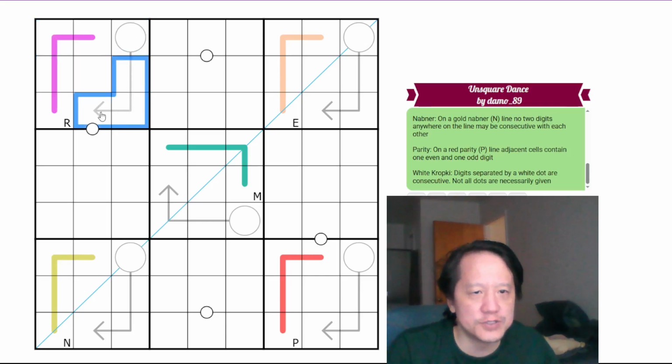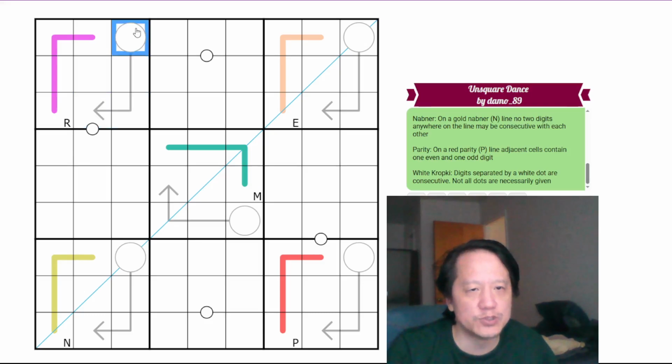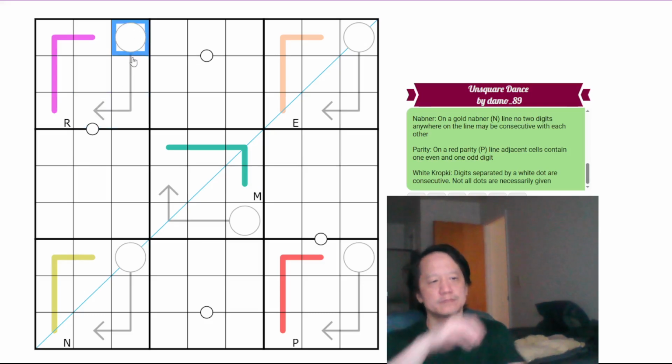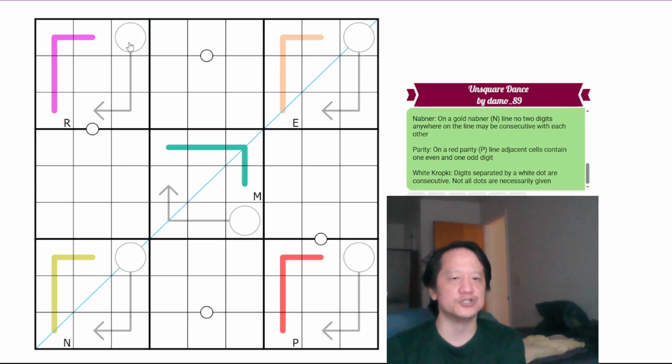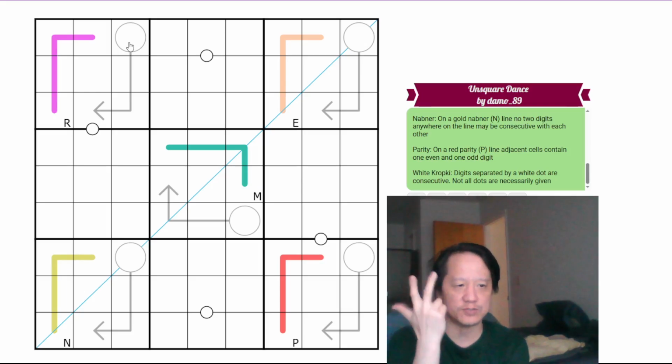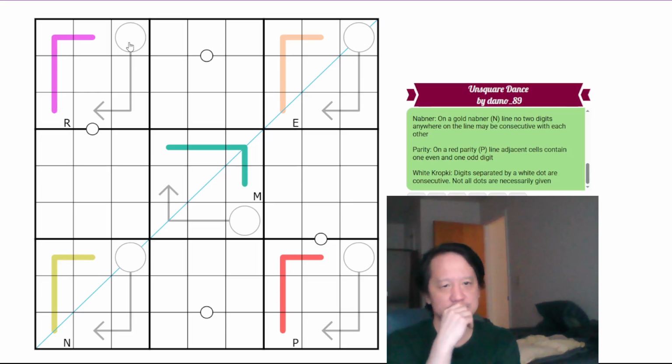So for every box that has an arrow in it, which are all the boxes 1, 3, 5, 7, and 9, we have 3 digits adding up to another digit. So that means the singular digit must be 6, 7, 8, or 9, because the minimum of 3 unique digits adding up to another digit is 1, 2, and 3, which adds up to 6.